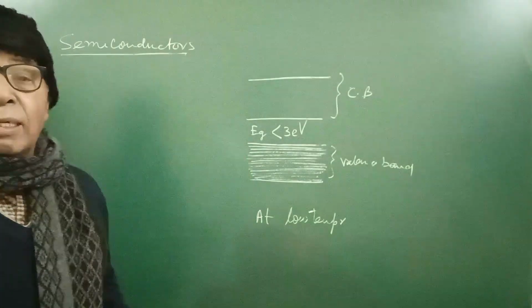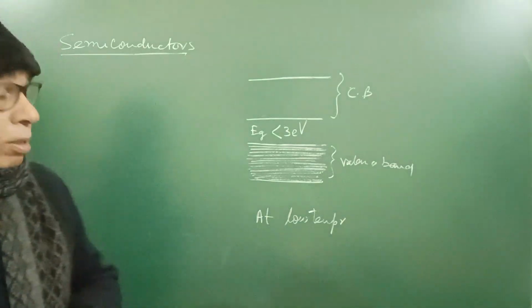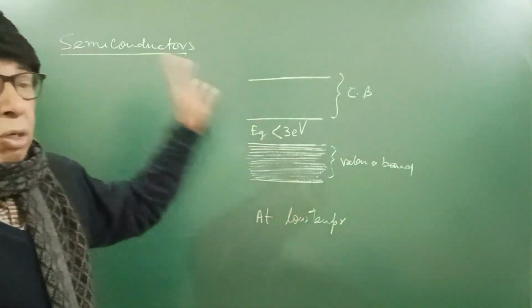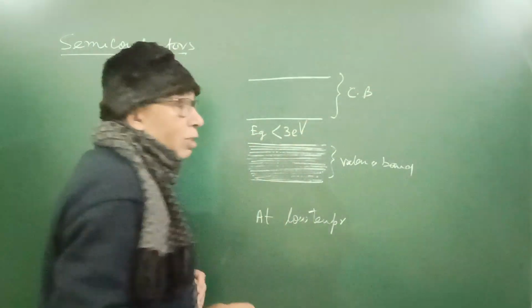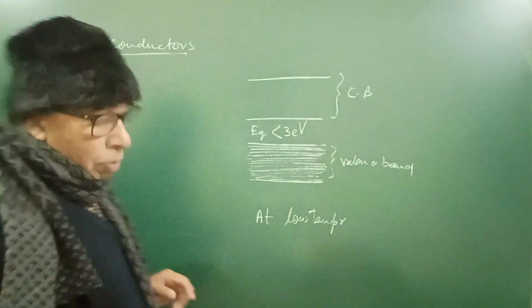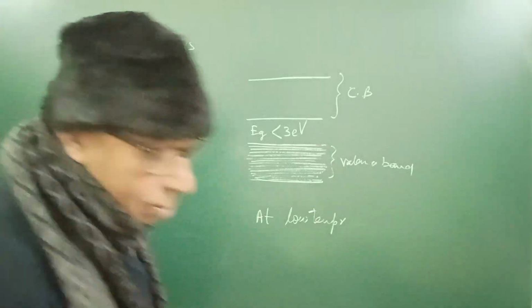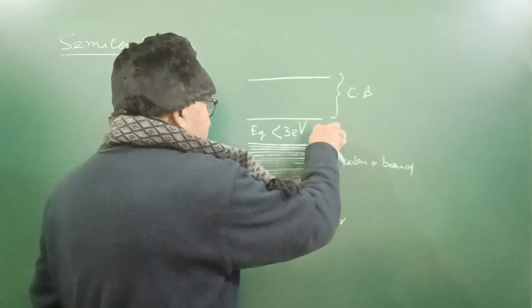When we apply an electric field across this at low temperature, no conduction will take place because there is no electron which can conduct.